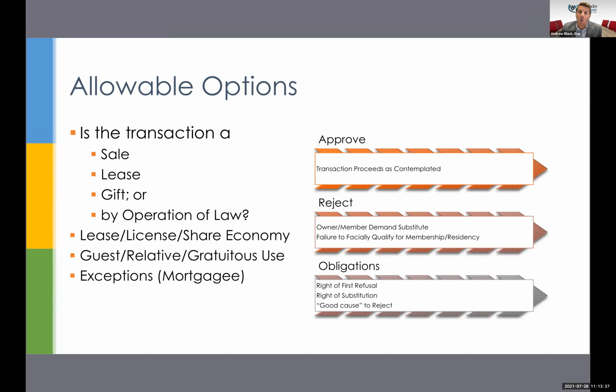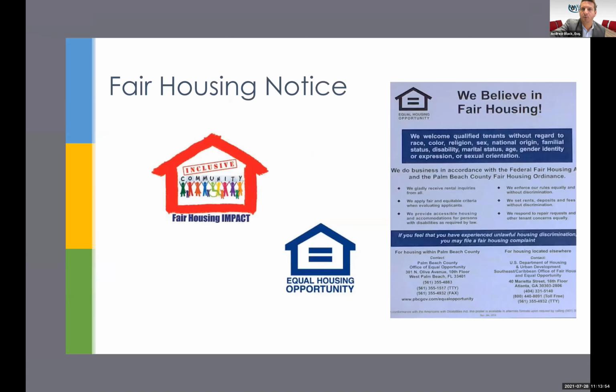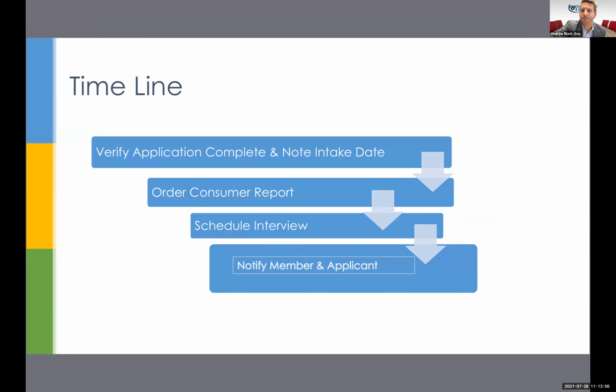Oftentimes, if someone passes away, someone will acquire property by an inheritance, a will. Does your documents allow the board to involve themselves in those types of transactions as well? So I just wanted to point that out.